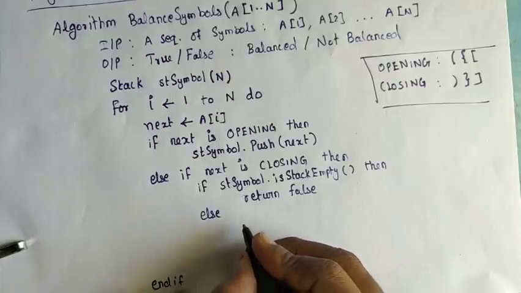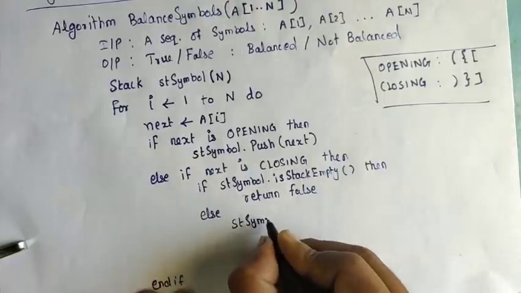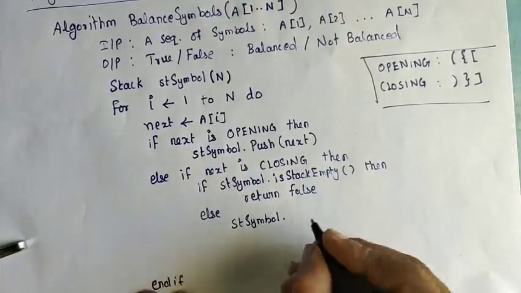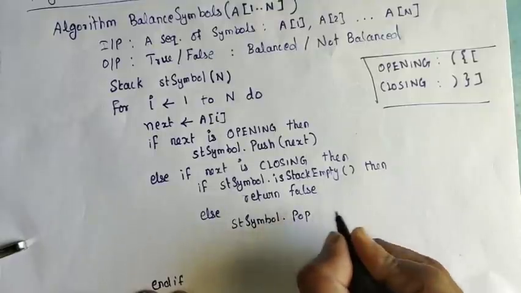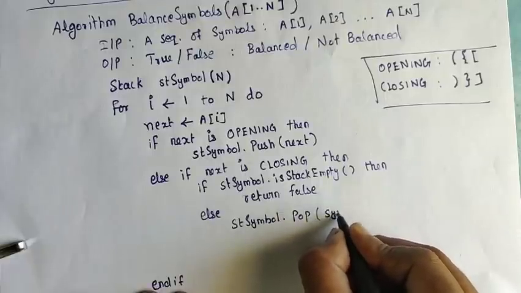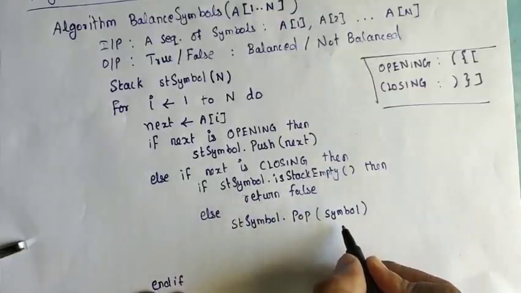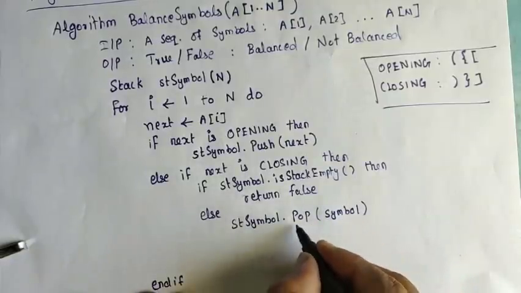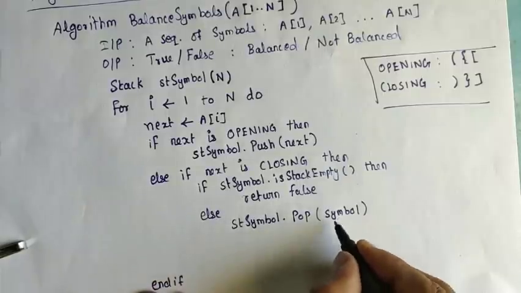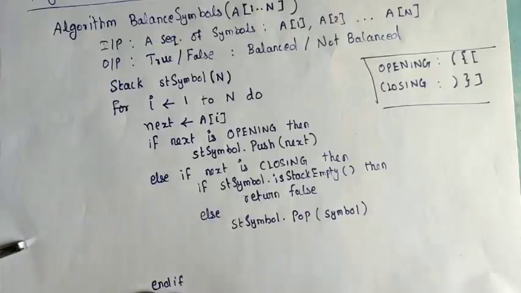So I have to pop stack symbol dot pop. I am going to use a variable, a symbol, which brings that recently inserted element from the stack. If that recently inserted symbol is not its corresponding opening symbol, then in that case also the input is not balanced.